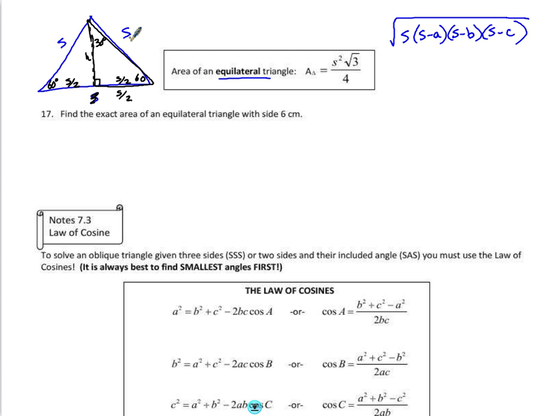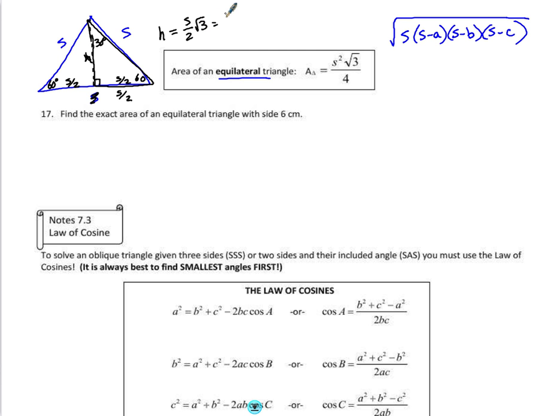So if I look at my 30, 60, 90, the side opposite the 60-degree angle is A times the square root of 3. Here, A is S over 2. So really H is equal to S divided by 2 times the square root of 3, or S square root of 3 over 2.